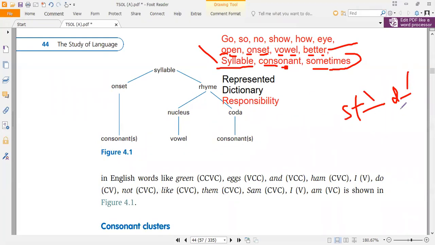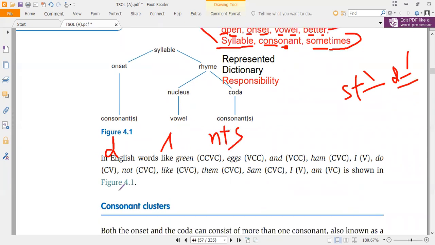So let's look at dunts, right? D, then we have got the vowel sound, and now N, T, S. Let's look at its syllable structure.